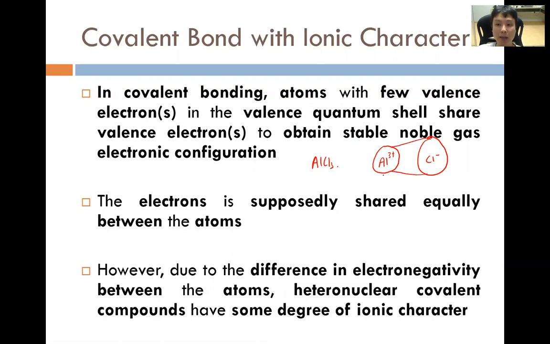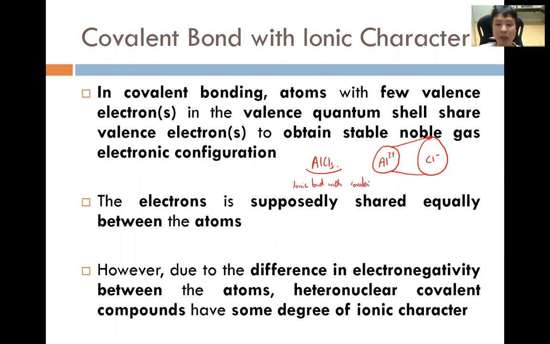Because Al3+ is such a high charge density cation, this effect is so large that eventually AlCl3 actually shares electrons instead of it being an ionic bond. AlCl3 is a covalent compound, which is the most extreme form of an ionic bond with covalent character.